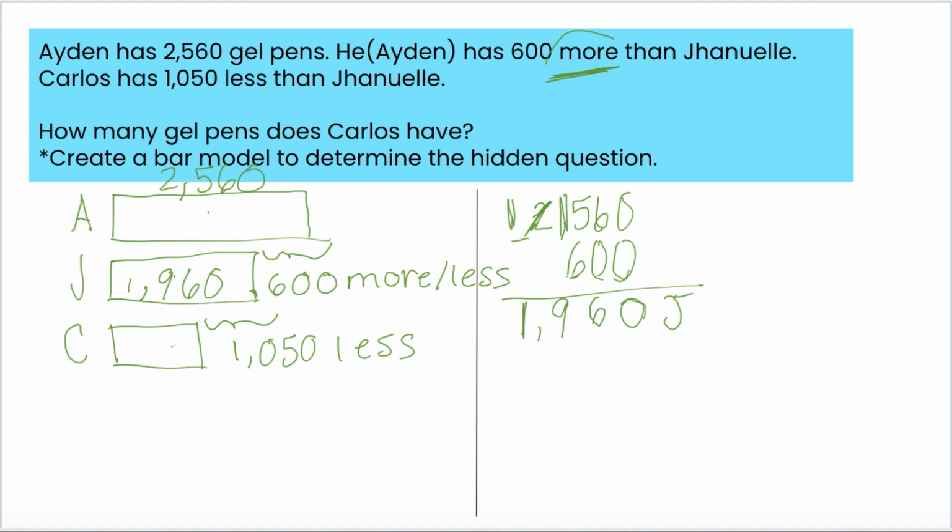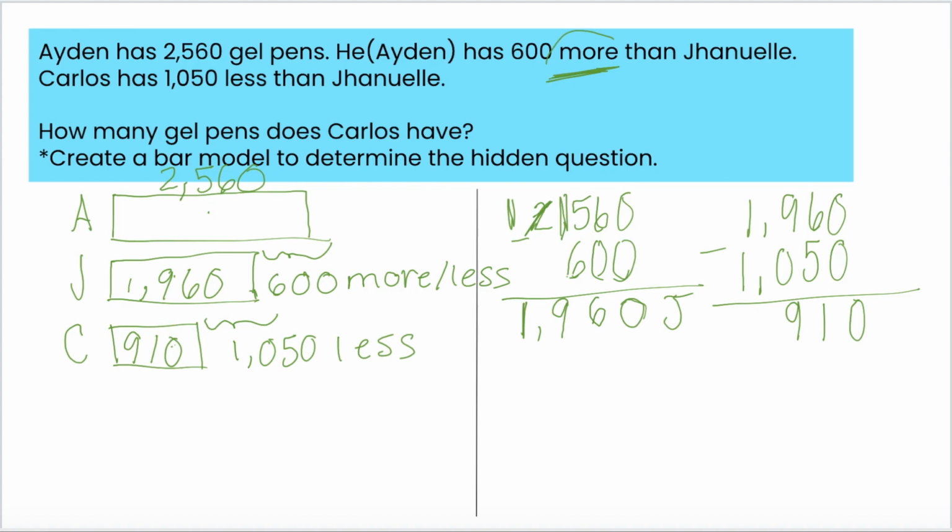Now that I know how many pens Januel has, I can use that amount and use subtraction to find the smaller value of how many Carlos has. $910. That seems like a reasonable amount because it is less than Januel.